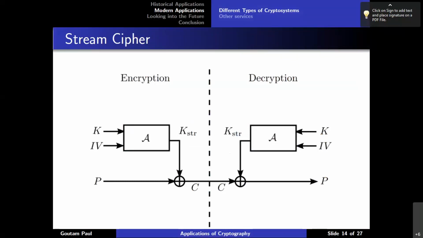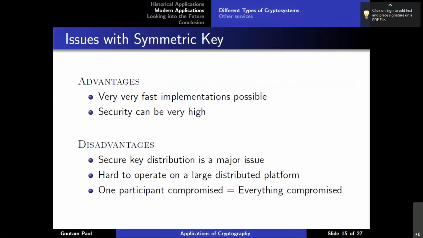So the same bit string being XORed twice should cancel each other, and the P on the right hand side retrieved at the receiver end should be the same as the P on the left hand side. So that's in short what a stream cipher is.